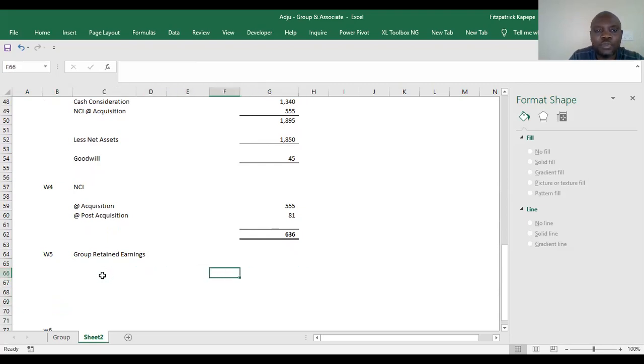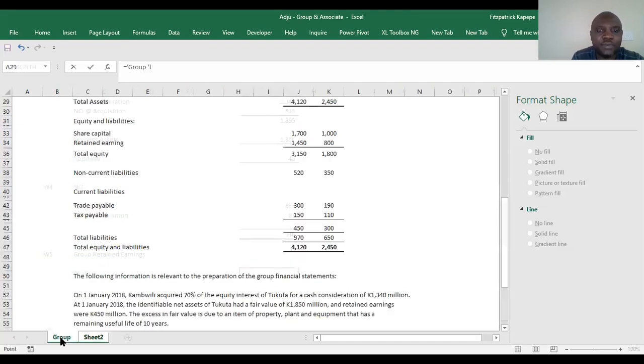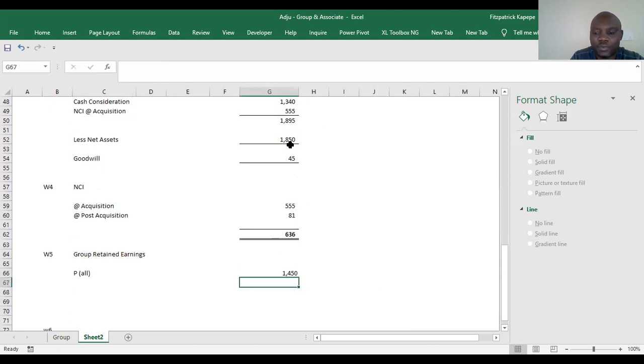So on group retained earnings, we'll start with the parent company. The parent company will go in here and pick that amount. From the parent company, we'll look at the subsidiary, but our interest will be post-acquisition, isn't it?